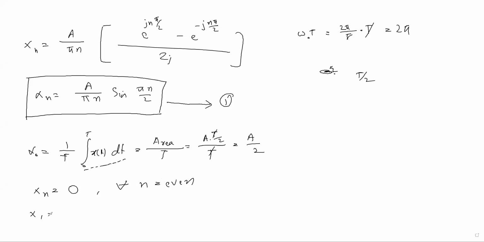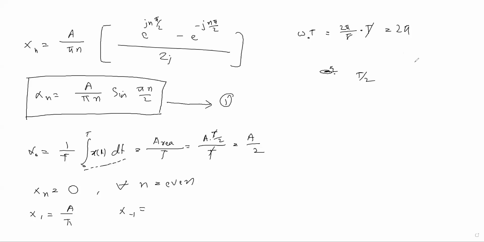What is the value of x of 1? If you put n equal to 1 in this equation, sine pi by 2 equals 1, so A by pi. Similarly, if you take minus 1, then we get sine of minus pi by 2.